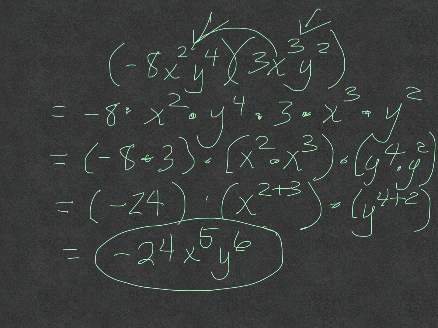Now you can carry this to other problems. So suppose I have 5xy squared times 10x squared minus 3y.